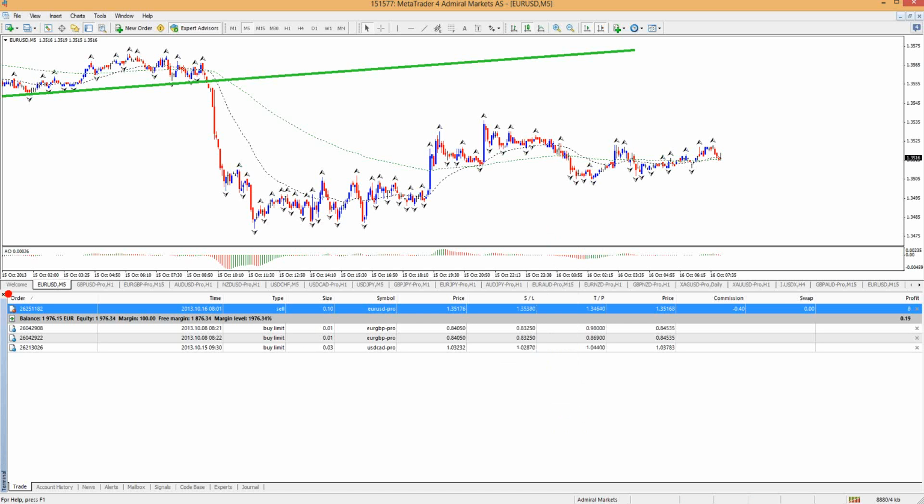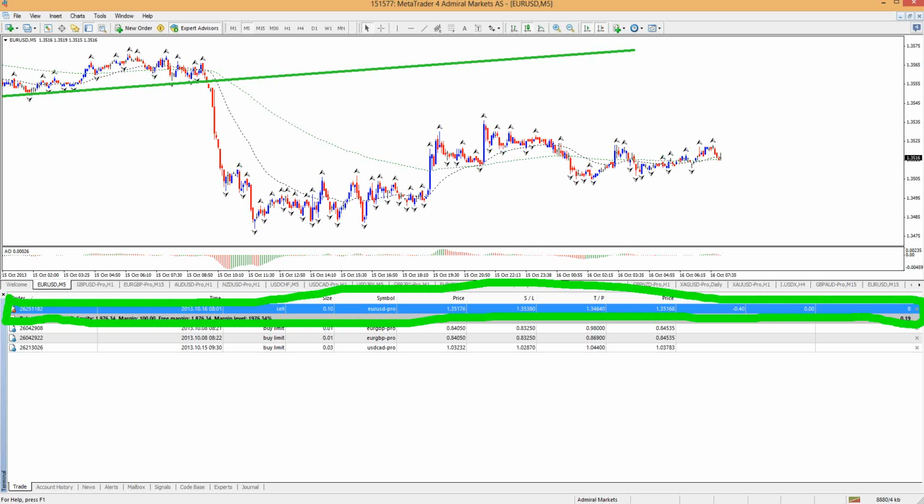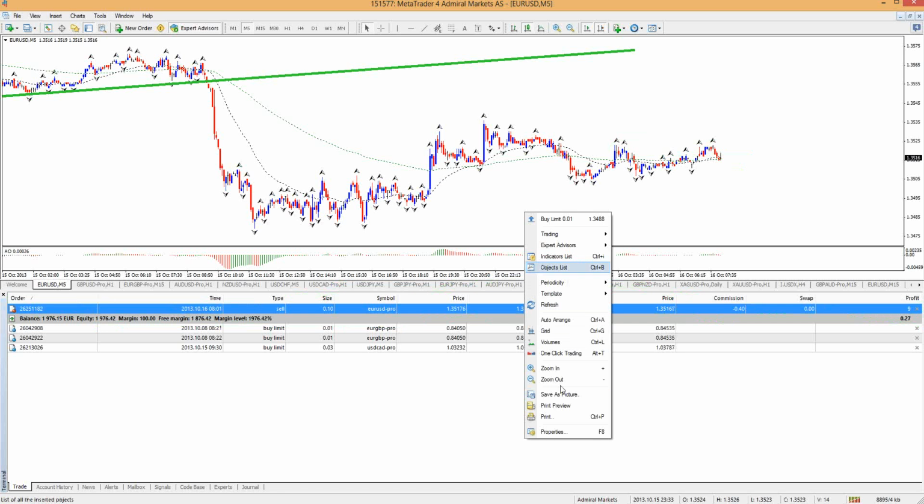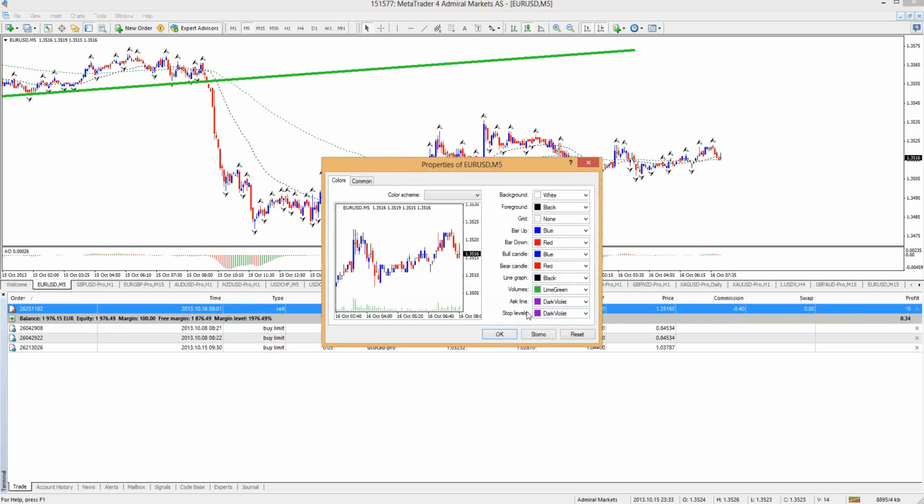I'm not trying to trick you here. The trade is open. You see that, right? But there's just no lines here. I thought maybe the properties, but the ask line and stop levels do have a color. No idea. Really no idea.